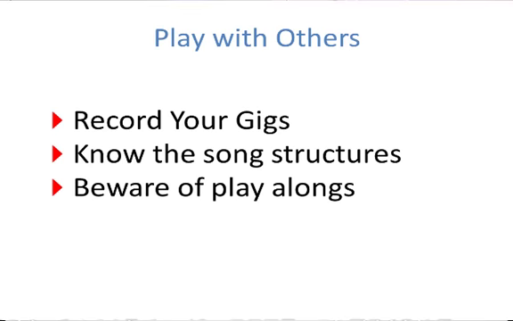So I believe it's sometimes, I mean, using a play along track is the only way to practice, especially with big bands. It's hard to find, sometimes even just an amateur big band, to get 20 people together to rehearse.